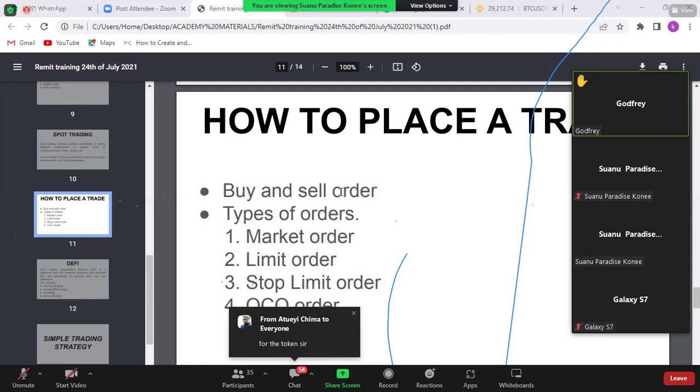My question is, during the training, you said something about the market price. So I want to ask, is it equivalent to, on Binance, if you go to P2P, there is Express, where you don't negotiate the price, unlike a P2P where you can search for any convenient price if you want to buy?